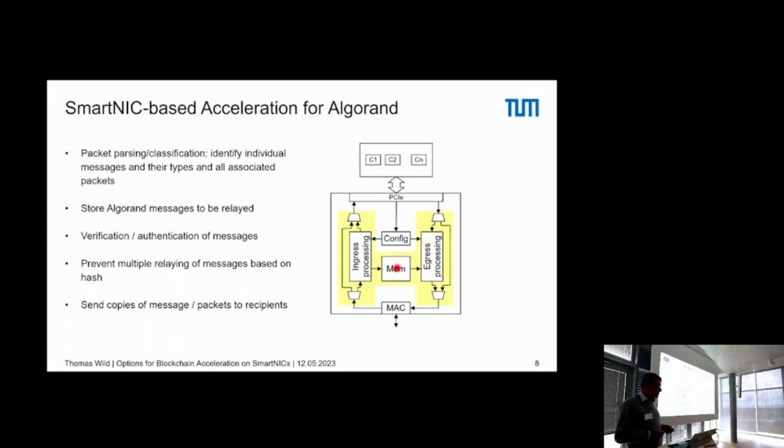And of course, what we learned is that in the Algorand network there could be the situation that messages arrive several times at the same node, and there has to be a way to detect this, to check: this message has already been forwarded from my current node, so discard the second or further copies.